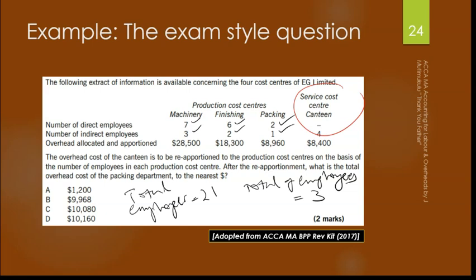So the proportion that we should use is actually 3/21. For whatever reapportionment, the percentage related to the packaging department should be 3/21. Now how much of the service cost center canteen should be allocated to the packaging department?